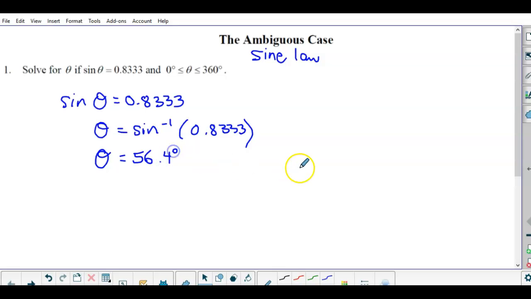Except there's really more than one angle, and this will make a little bit more sense once we've talked about angles in a circle.